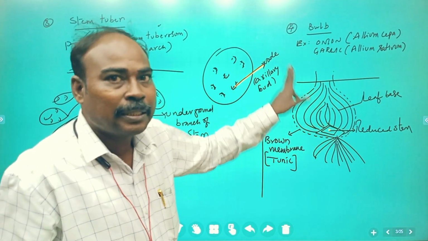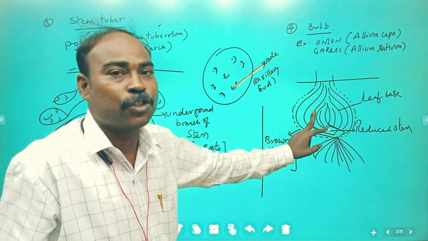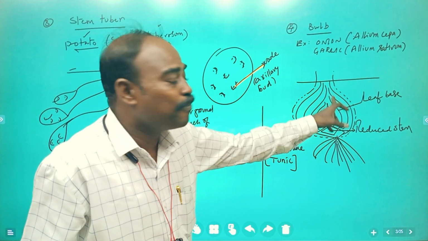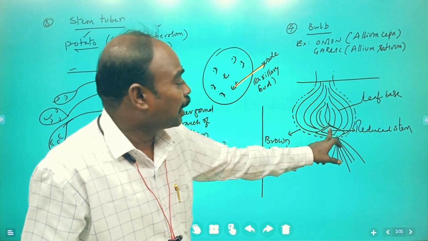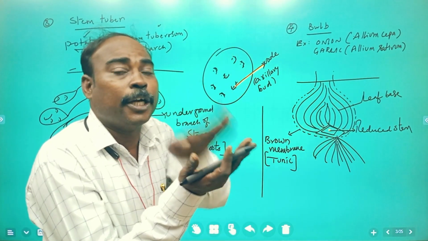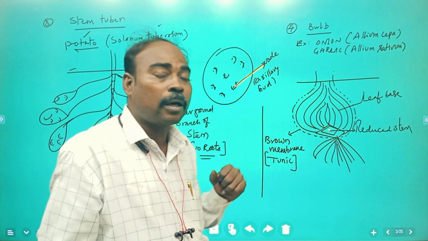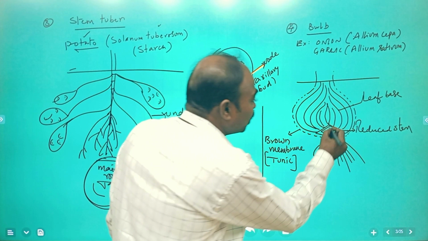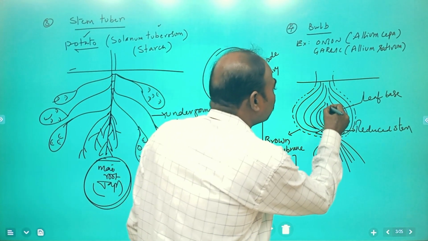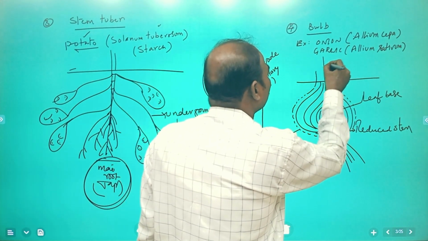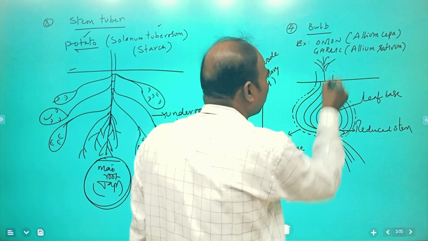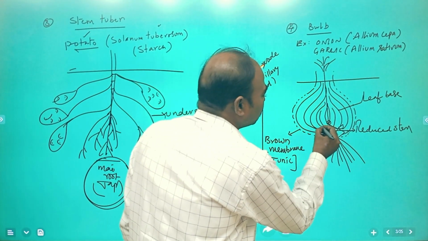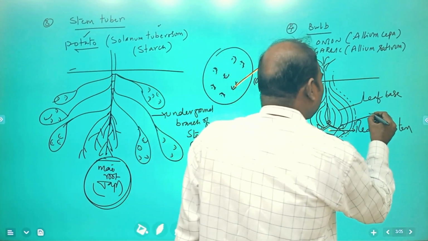So in bulbs, the scaly leaf bases, covered by a brown colored membrane, store the food. The underground stem is very much reduced, discoid or concave, and produces adventitious roots. Here also the apical bud is responsible for production of the aerial shoot system with a number of flowers, and axillary buds are responsible for production of daughter bulbs.